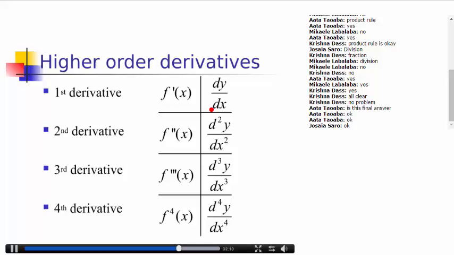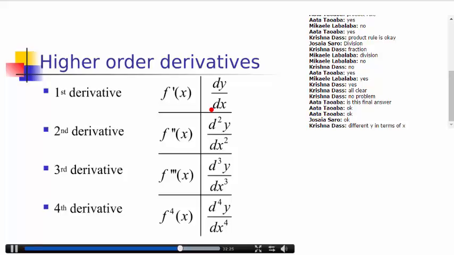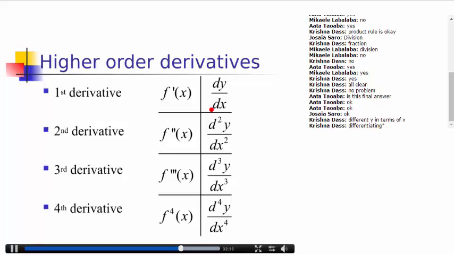When your equation is given in the form of y equals something, why do we write dy over dx when we differentiate that particular function? Can anyone give me the explanation for that? Very good. Yes, we are differentiating y in terms of x. That's the reason why we write dy over dx. Good.